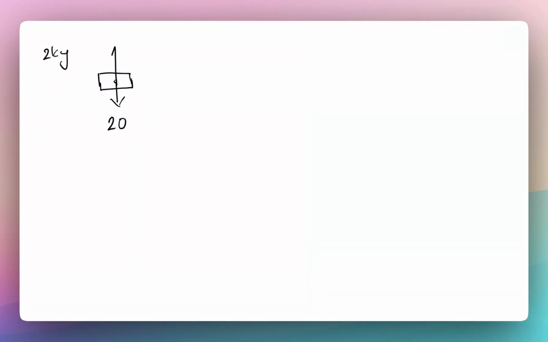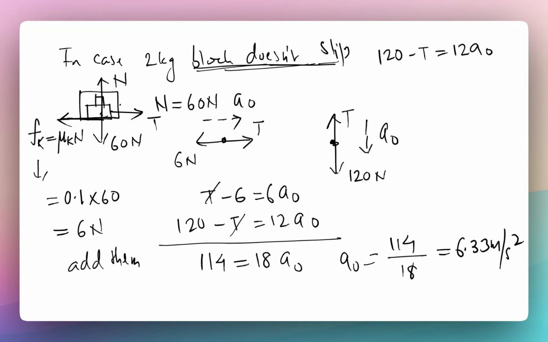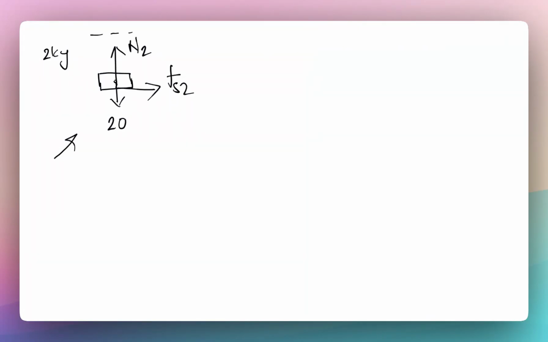And then it will experience a normal reaction on the 2 kg block, which we are going to call N2, from the block below. It cannot go towards the right. The only force which can pull it towards the right, if it is not slipping, is the static friction force. So static friction force on block number 2 has to be sufficient to pull it towards the right, and we want it to accelerate with 6.33 meters per second squared.